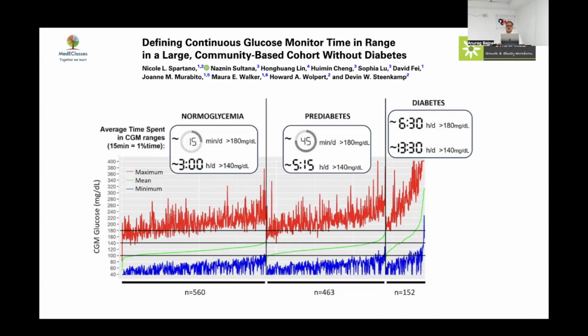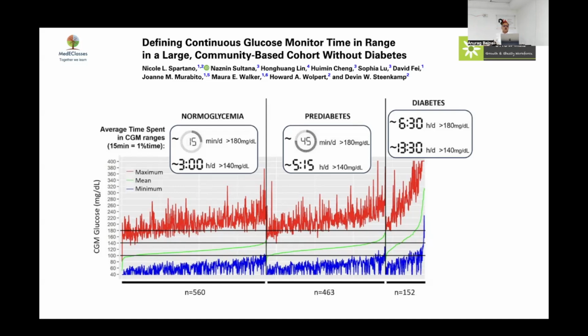So time in range, if you look at 70 to 180, will be 99% in the case of a normal individual. So you can't use 180 as a cutoff. You can use maybe a lower cutoff. For pre-diabetes, this figure becomes 3 times. So they are spending 3% of their time above 180, while they are spending nearly double their time above 140 compared to a normal individual. Then the curve really steeply increases when you talk about diabetes.